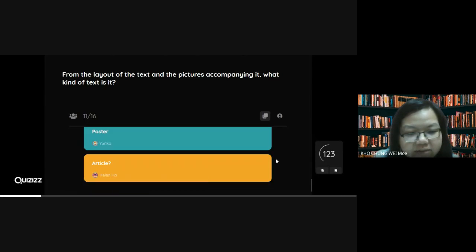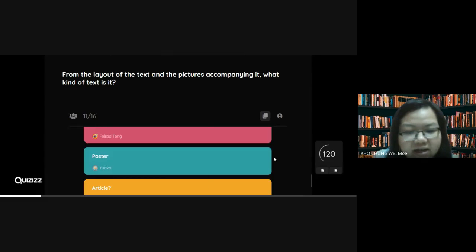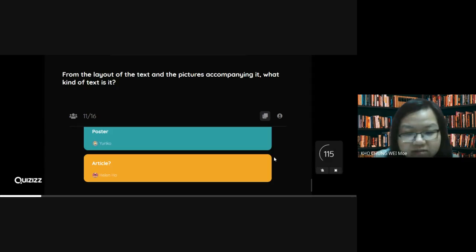And the pictures are actually not that big. If it is a poster, I would actually put the picture much bigger so that it attracts people's attention. So at one go, people know what you're talking about, right? As you can see in this article, the reader will have to look carefully at the picture to understand what it is. Okay? So yes, Helen, you're right.